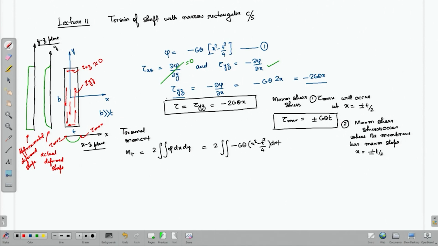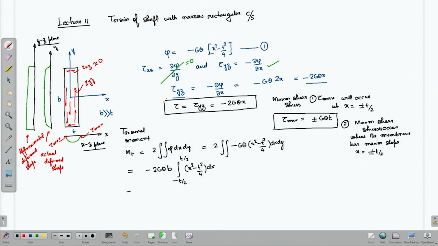So, Mt is 2 times the integral of that into dx dy. Now, if we try to integrate this, I have minus 2 G theta, dy is not changing, so the integral of dy is going to be b, then we have the integral from minus t by 2 to t by 2 of x square minus t square by 4 into dx.